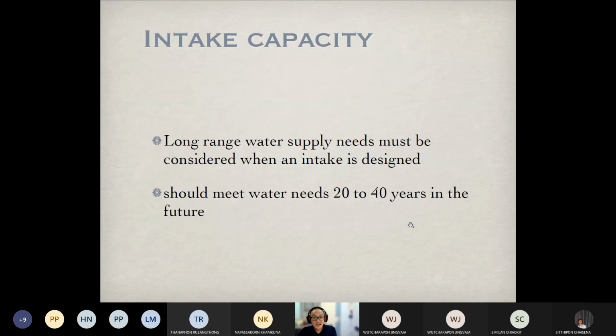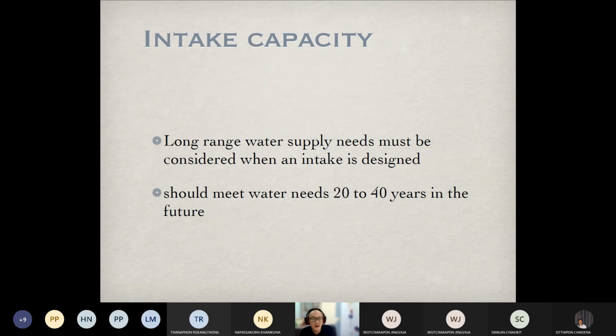For the capacities, as I told you, for the designs and capacities of the intake facilities, we normally design them to withdraw the water over 40 years, sometimes 50 years.